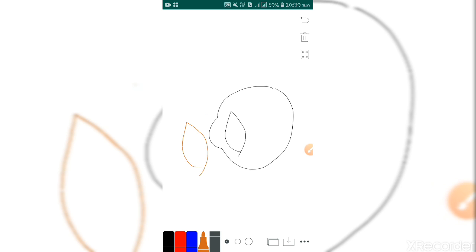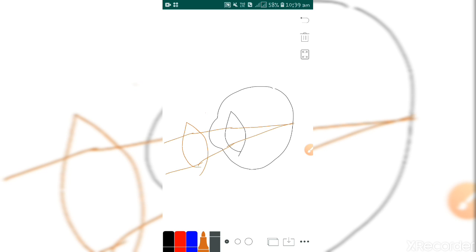We'll use a convex lens. It will try to converge the light rays a little towards the lens, and the lens will further converge the light rays on the retina. Okay, so this is the defect which can be corrected by using a convex lens.